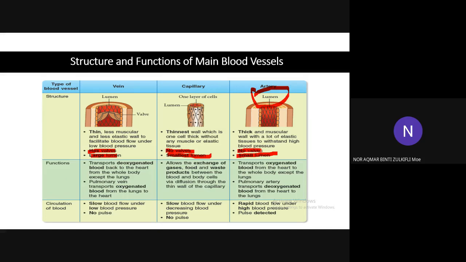Smaller lumen have a thicker muscular wall. Larger lumen have a thin, less muscular, and less elastic wall. Of course, the smallest lumen has the thinnest wall, which is one cell thick.